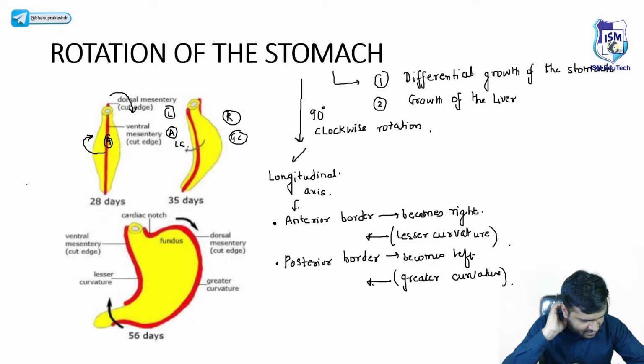Yes, the vagus nerve will supply, but which one, which portion? My question is which: greater curvature will be supplied by which vagus nerve, and the lesser curvature will be supplied by which vagus nerve.